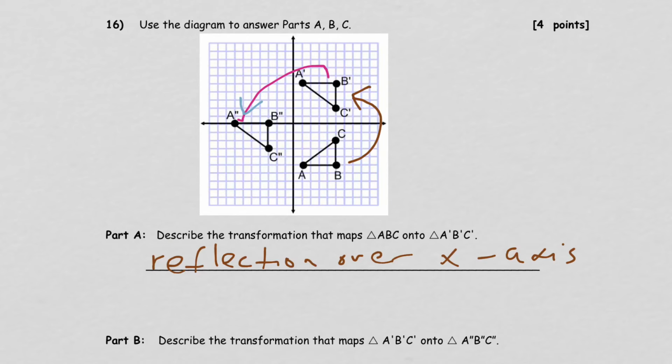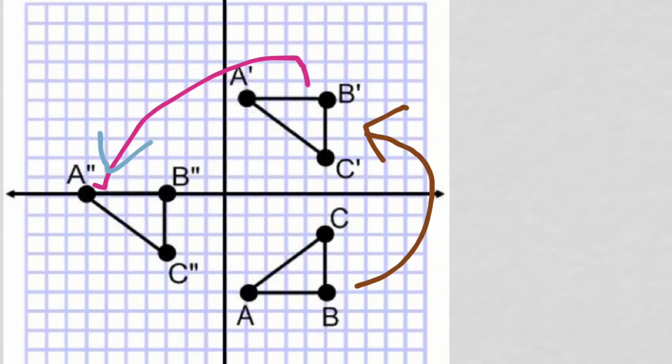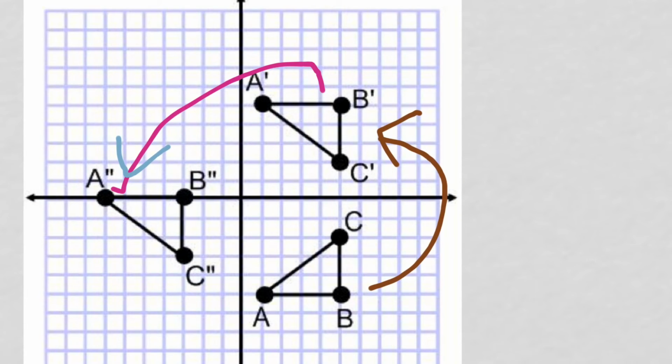It's going to move over. I think it's going to move over 7. Let's make sure. 1, 2, 3, 4, 5, 6, 7. Let's see. 1, 2, 3, 4, 5, 6, 7. Oh, it's 8. So it's 8 left, and 1, 2, 3, 4, 5 down.